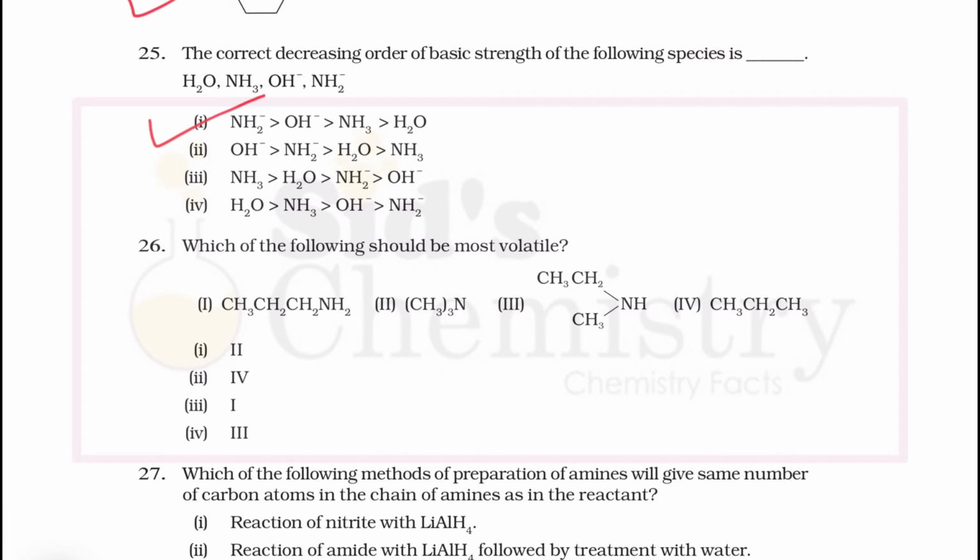Now the fourth compound has only a 3 carbon alkane, which is a non-polar compound, so only van der Waals kind of forces act, and therefore the fourth compound, that is CH3CH2CH3, given as option number 2. So the correct answer is option number 2, which indicates compound number 4 is the most volatile.